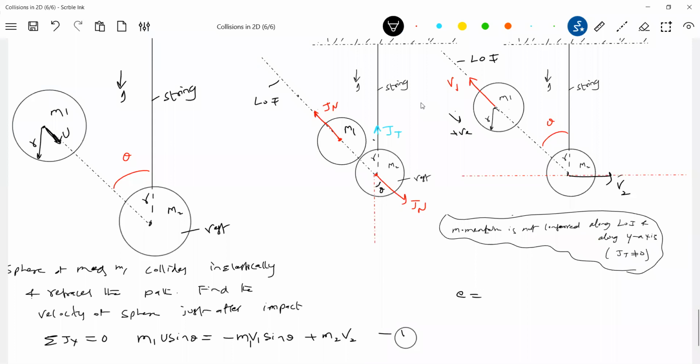So what is the velocity of the colliding objects? This will be theta, V2 sin theta. If you still find it difficult, directly draw the line of impact and show all the velocities. Initial velocity is u, final velocity of the first sphere is V1, then that of the second sphere after impact is V2 sin theta. This angle will be theta here, no? This angle will be theta.